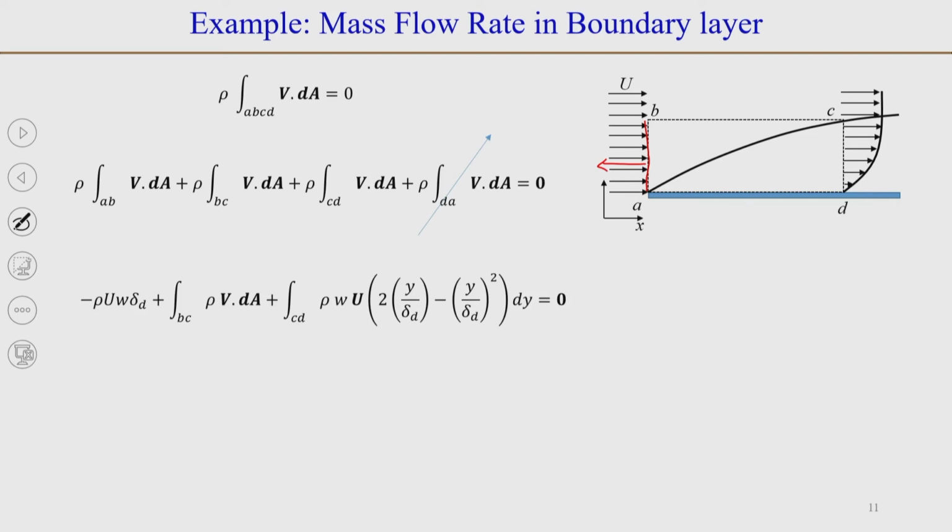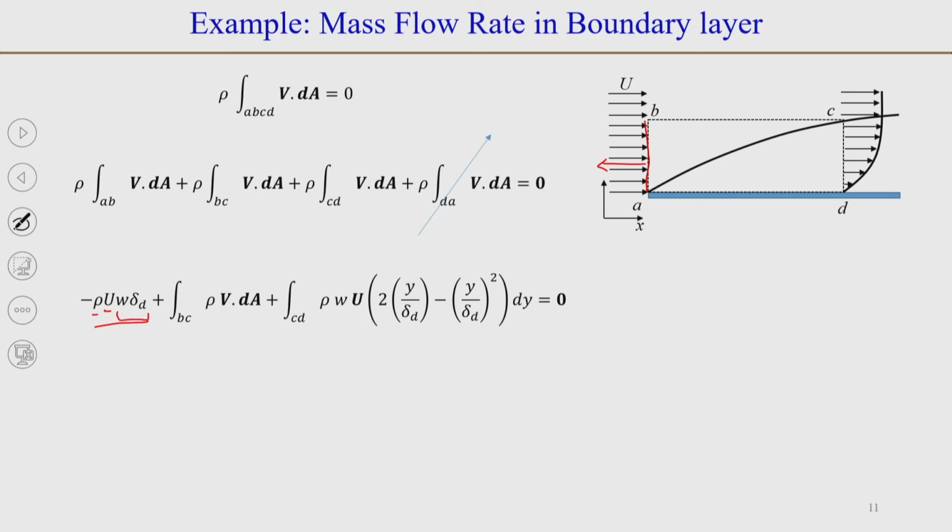The first term will be negative because the flow is coming in, V and dA are in opposite directions, and so this term will give you rho multiplied by u. U is the velocity and the area will be W into delta D.